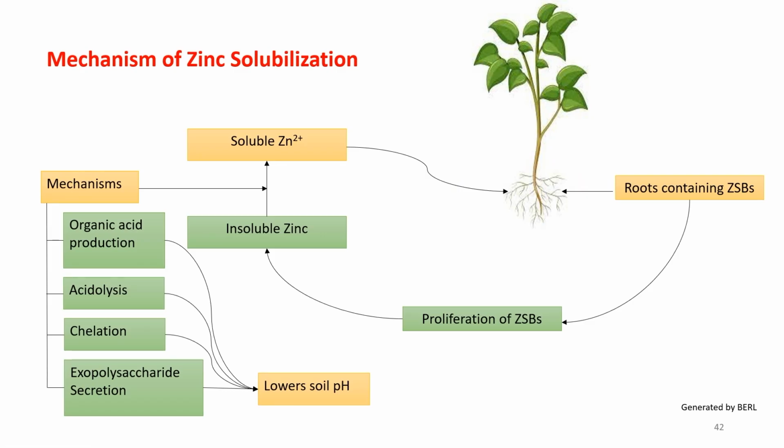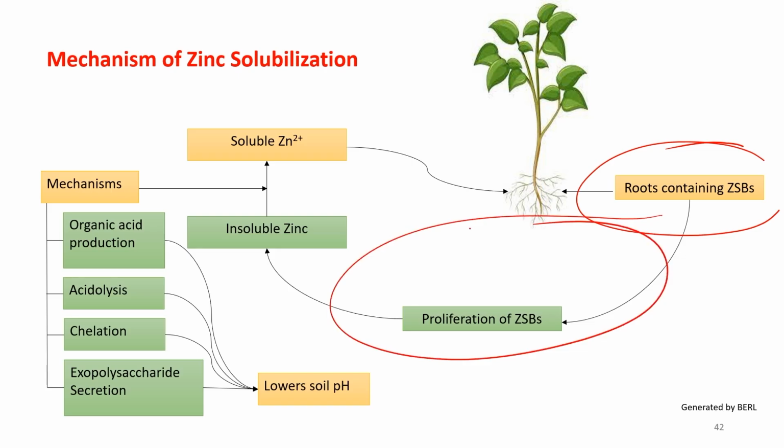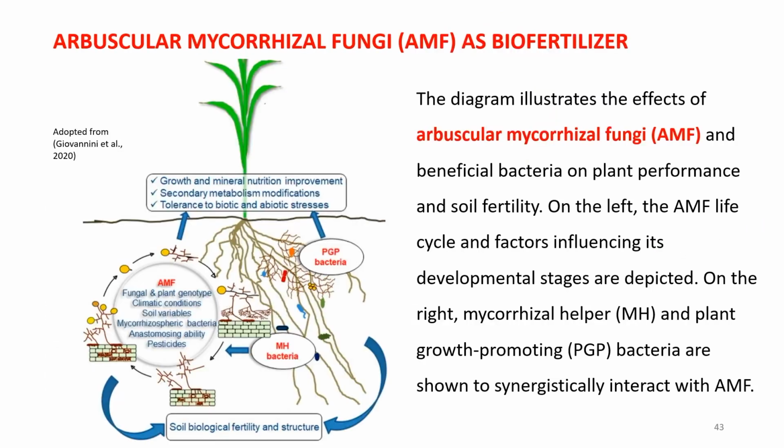And overall these roots will contain the zinc solubilizing bacteria, and due to the availability, the proliferation of these organisms will take place.